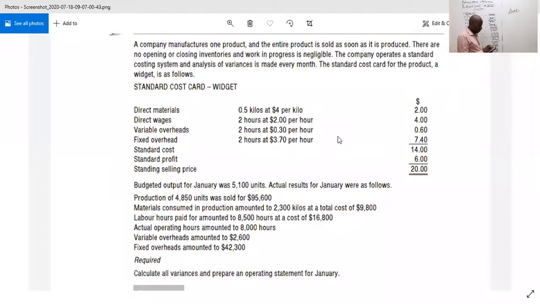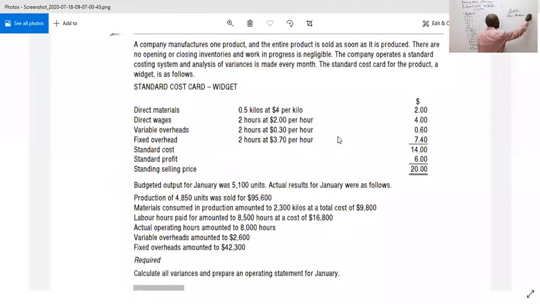In the actual information section, you are able to see the actual sales revenue. As you are seeing them, you will be writing them in your book.